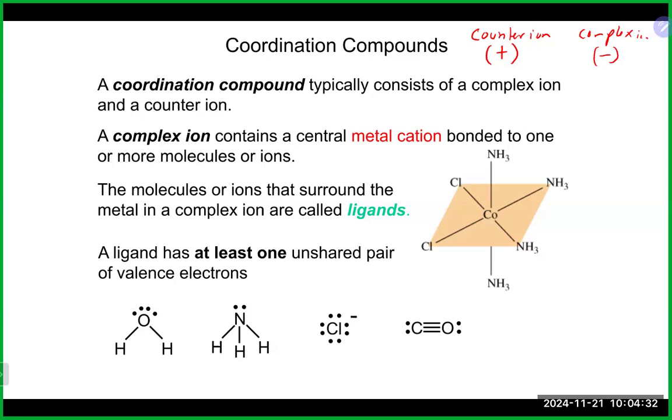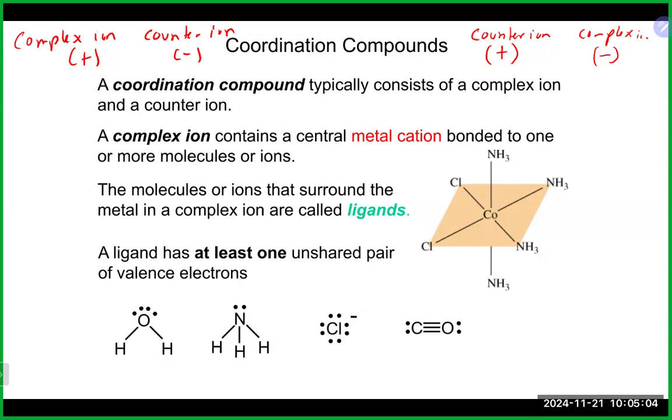You could also have the opposite, which is you can have a complex ion that's actually positive, and you could have a counter ion to balance out the charge that is negative. So like the counter ion is really there, if you want to think about it, to create an ionic compound and just to balance out the charge of your complex ion. So complex ion could be positive overall, could be negative overall, and you could have obviously the opposite there in terms of counter ion could be positive or negative.